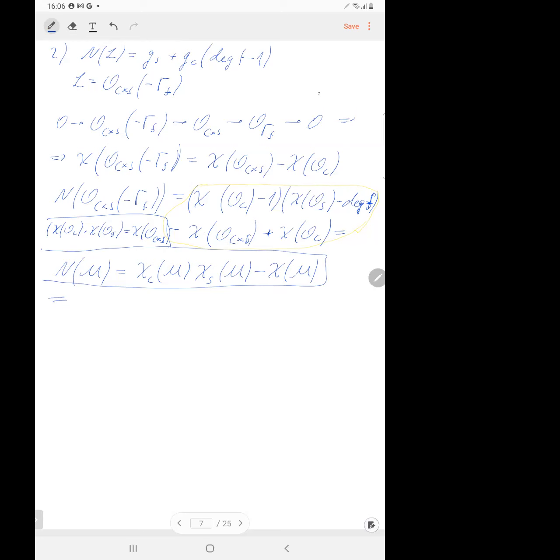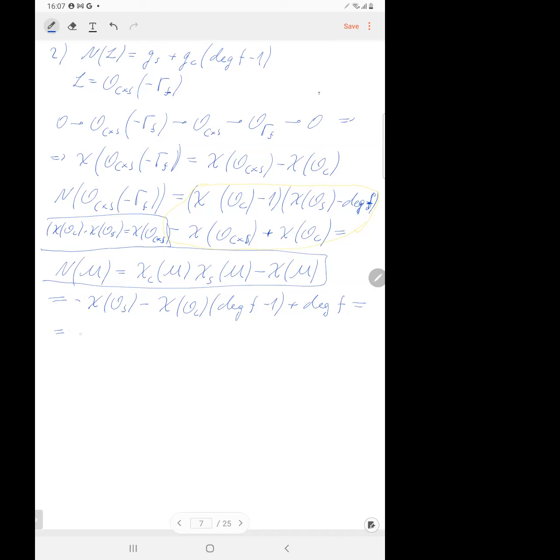What remains is negative Euler characteristic of OS minus Euler characteristic of OC times degree of F minus 1 plus degree of F. And now here again, you know that the Euler characteristic of OS is 1 minus the genus of S, right?